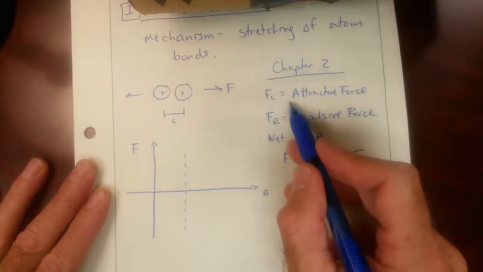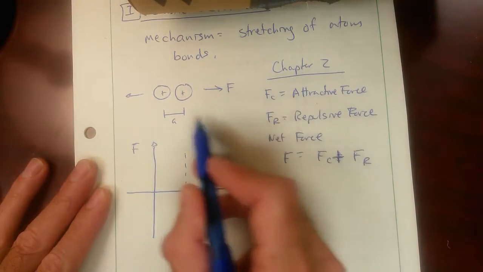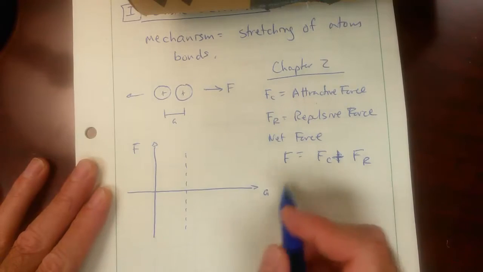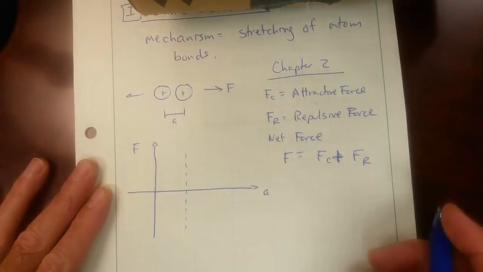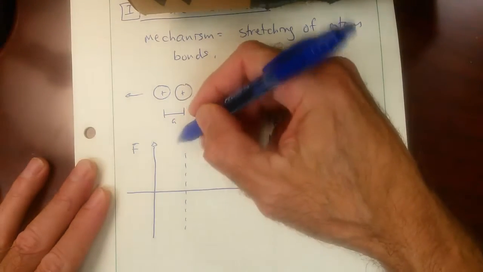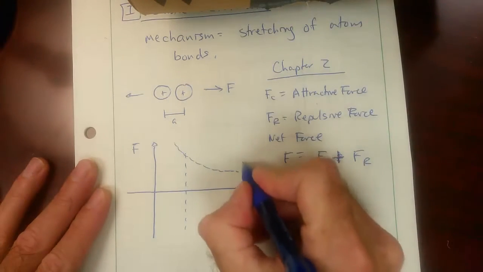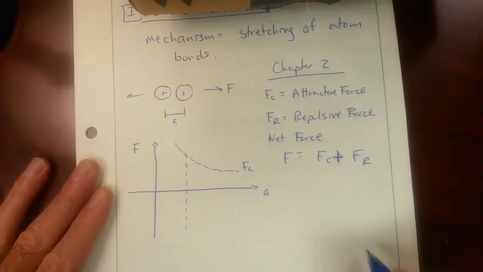So the attractive force increases as the atoms get closer together, and it decreases as the spacing increases. So our attractive force curve looks something like that.